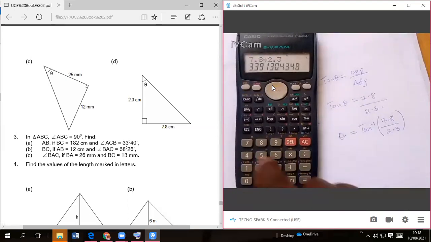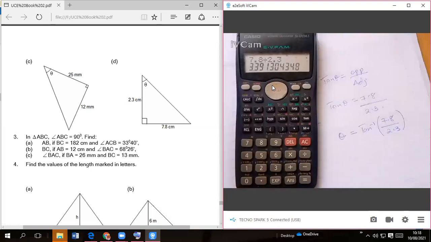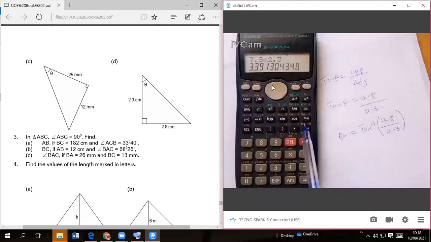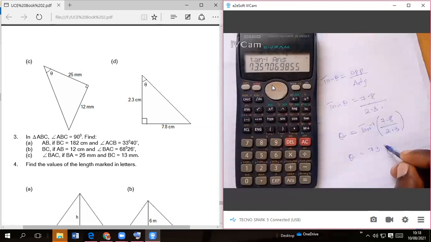Afterwards you press shift, then press tan inverse, and you press shift of the answer, so equals. You get theta as 73 point, rounded to one decimal place, 73.6. That's our answer for theta.